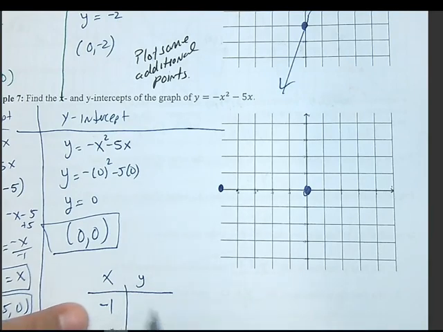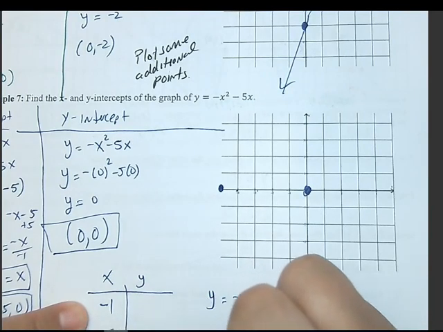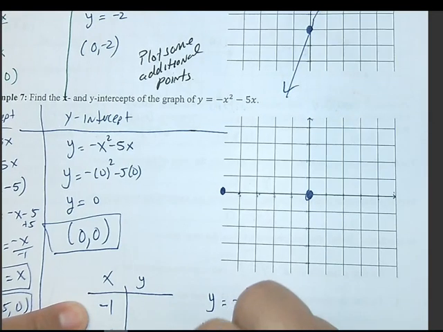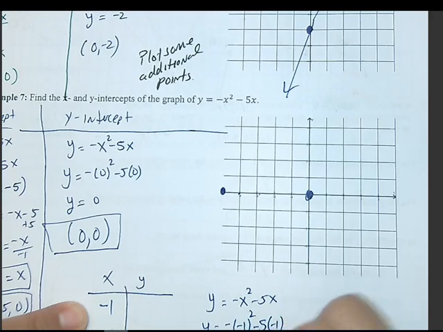So if x is -1, let's plug that in. -1 squared is +1 times negative is -1. Negative negative is positive.